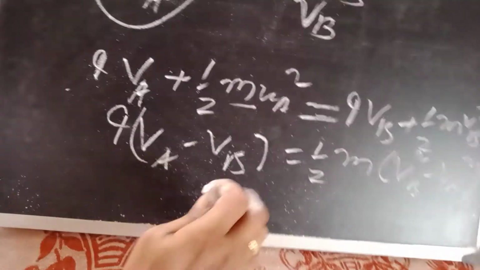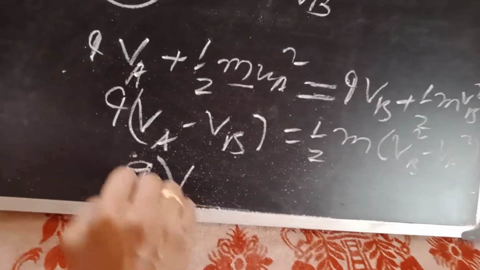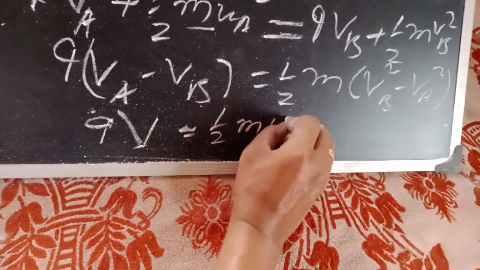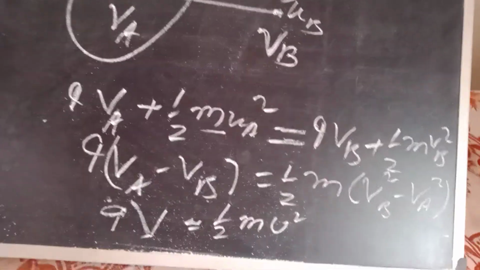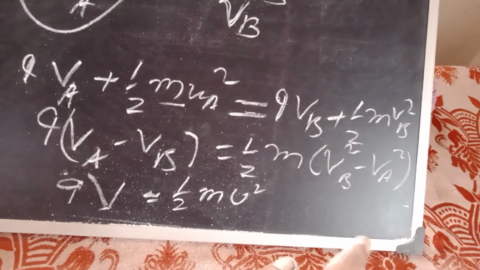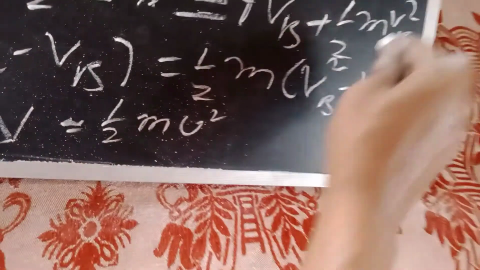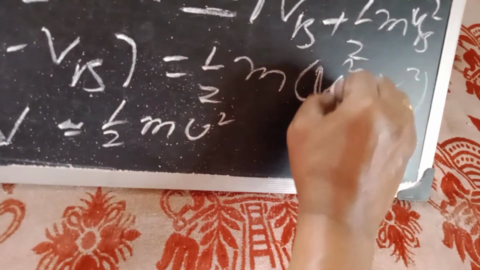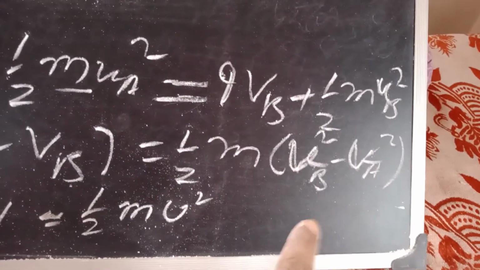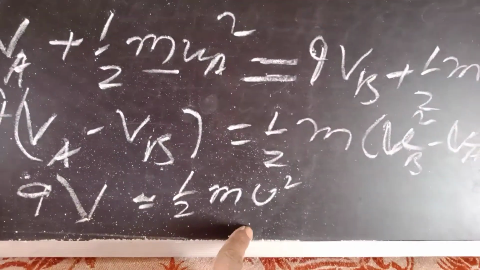Now suppose VA minus VB is V, we can write that potential difference as V. So we get QV equals half m V square, taking UB as v, and UA is 0, that is, the initial velocity is 0. Suppose initial velocity is 0, that is UA is 0, and take UB as v, we get QV equals half m v square.